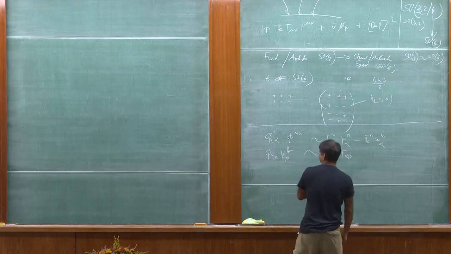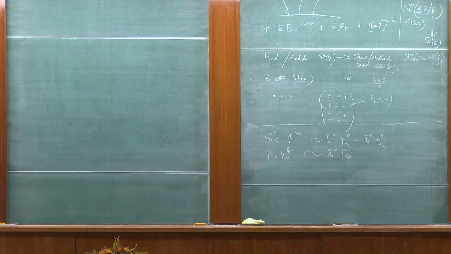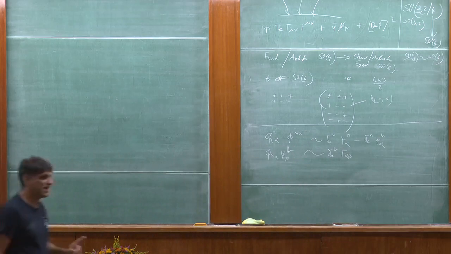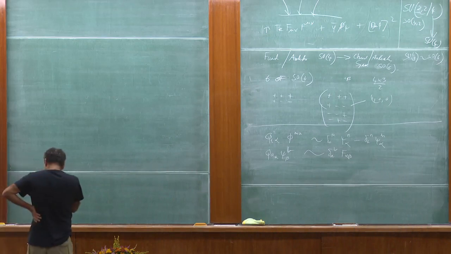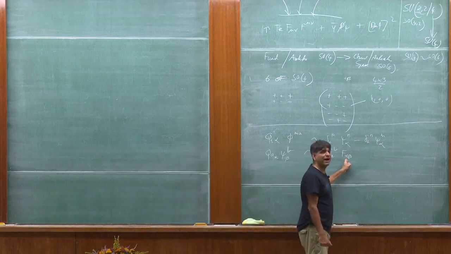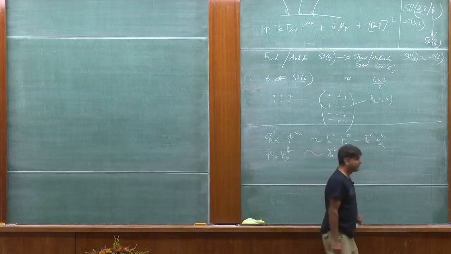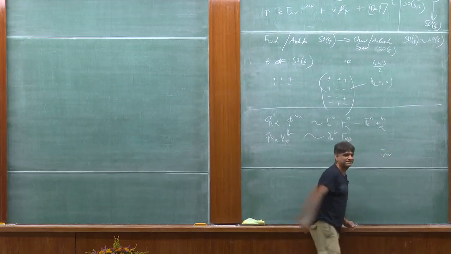This will go like delta AB F alpha beta. What is F alpha beta? This is the self-dual part of a field strength, F mu nu.